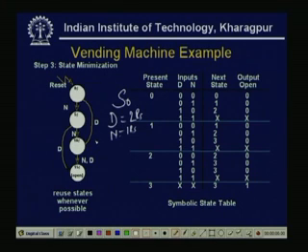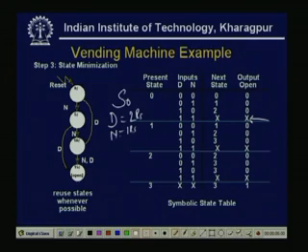Now, if 2 rupees are deposited, then the next state will be 2 and the output will again be 0. Now, in S0 both a 2 rupee and a 1 rupee coin could be deposited, but I have not taken the case that 2 inputs are fed in parallel. So, that is why the next state is taken as don't care and the output is also don't care, taken as this cross.